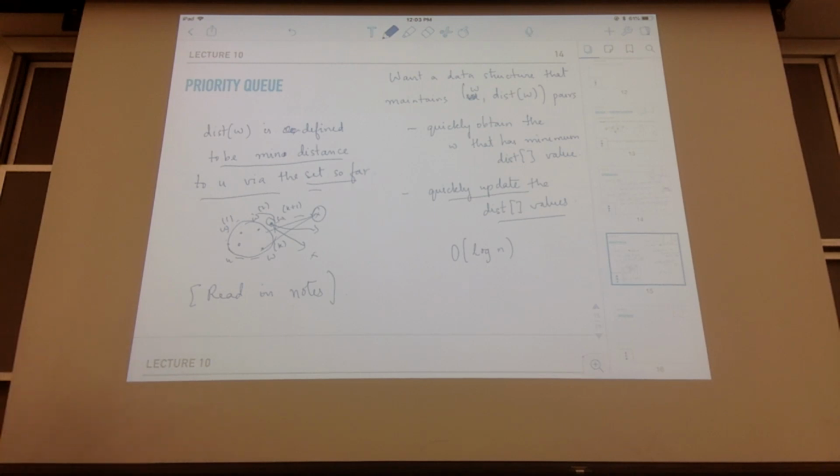Right? Because your new disk value for some vertex which is not in the set so far is the best disk value using the vertices W1 through Wk plus 1. If there is no edge to Wk plus 1, then it would just be the previous value, right?